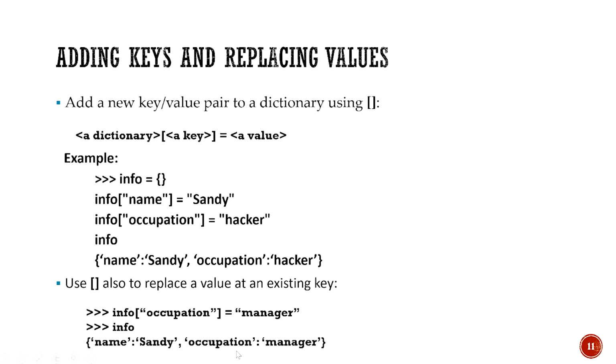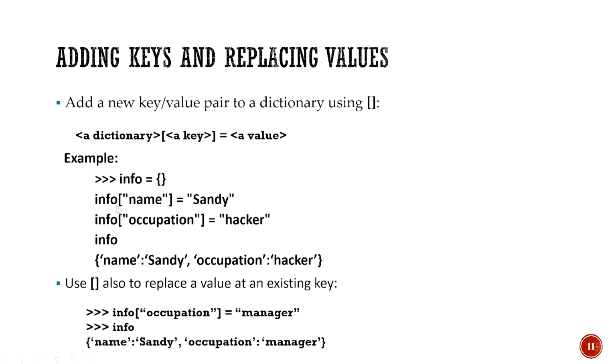Now let's see how we can add a new key and value pair to a dictionary using the square bracket. In this example, you see an empty dictionary info. Now we want to define a new key and then assign a value to that key.